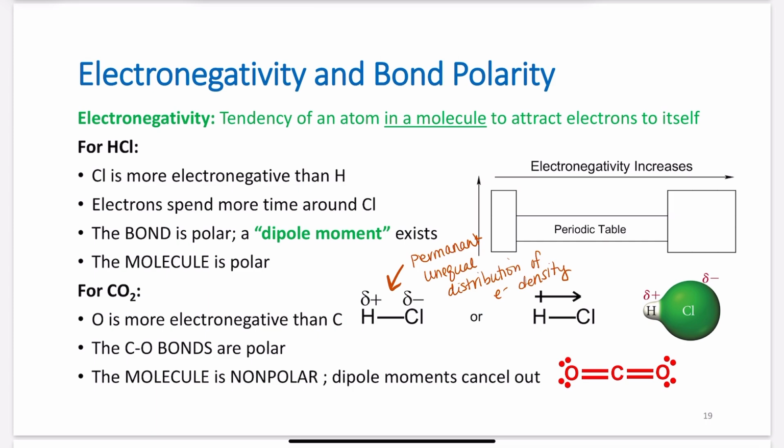That permanent unequal distribution of the electron density, or those electrons hanging around one atom more, is a dipole. It's an unequal distribution of charge. But because it's happening, it causes the molecule itself to be polar.